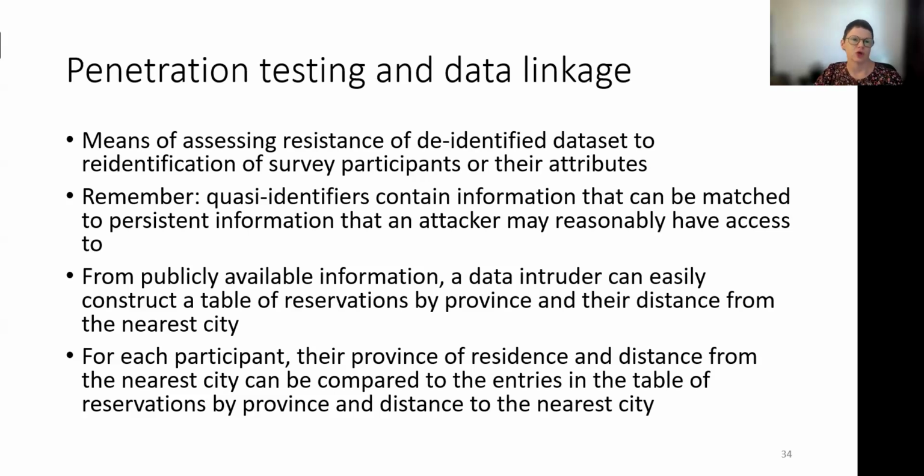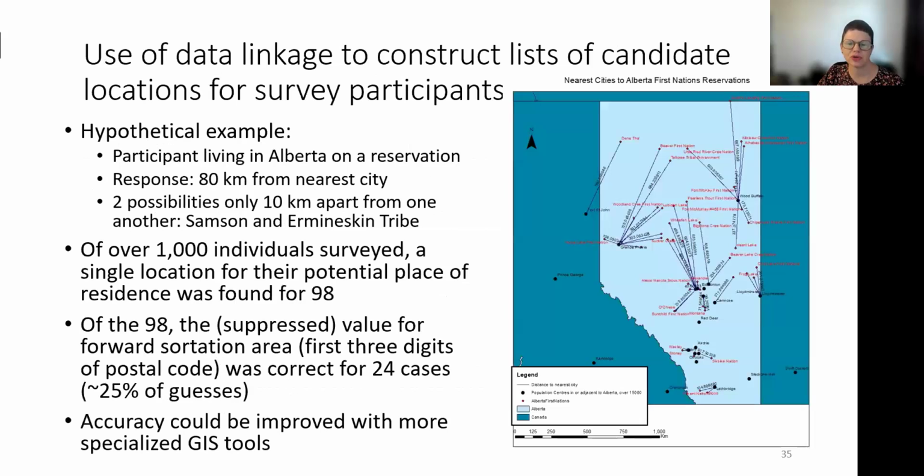However, if you know that somebody lives in a remote community that is a First Nations reservation, you can use public information to construct a table of these places by province, and determine their distance from the nearest city using geographic software. So for each participant, their province of residence and distance from the city could be compared to entries in a table of reservations by province once you've constructed that. This is just an image showing what we did.